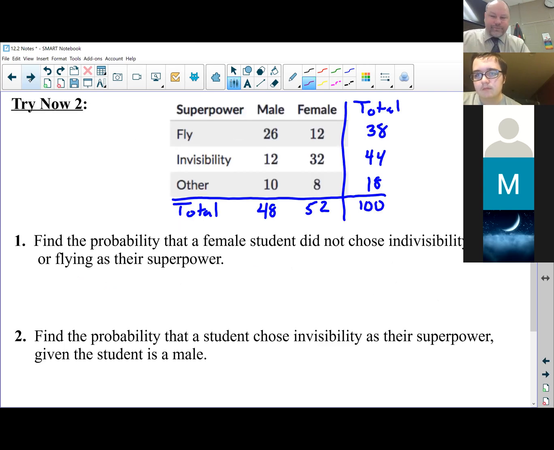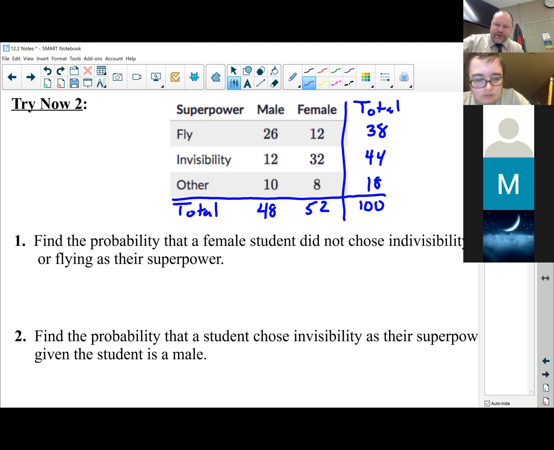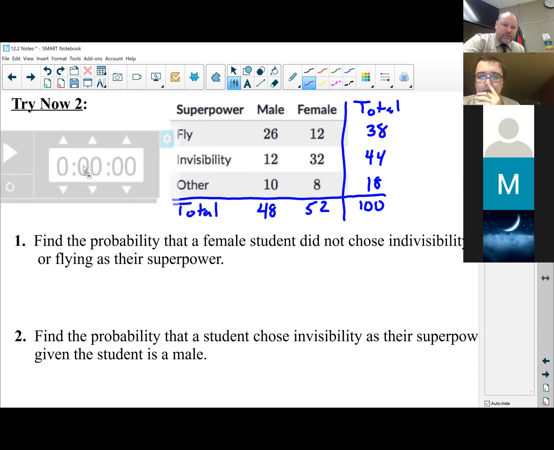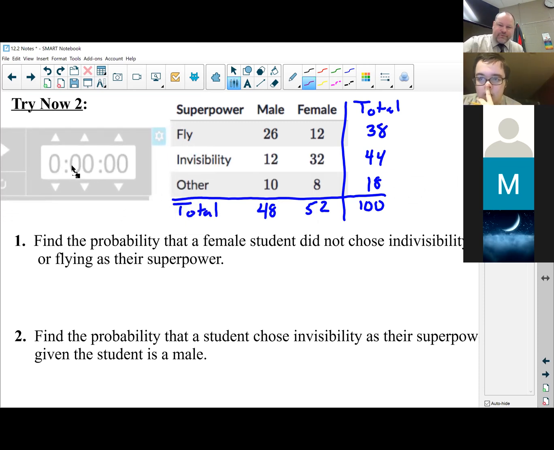All right, so for the try now, what I would like you to do is try these 2 questions. There's the table again, same table that we had for the last 5 questions, and find the 2 probabilities. I'm going to give you a couple of minutes, and if you need to in that time, just get up and stretch your legs or walk around a little bit. Feel free to do that.